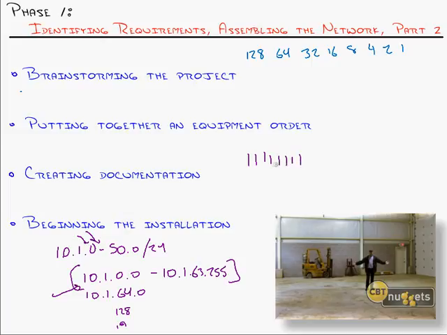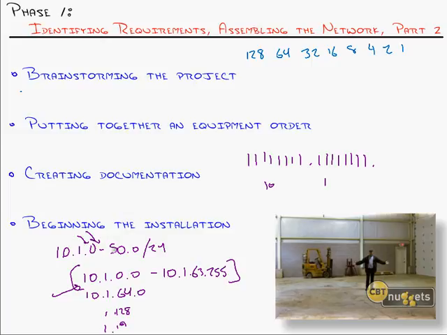There's 8 bits in the first octet. That represents the 10. Second digit is 1, and they all start with 1. You can see 10.1, 10.1, 10.1, 10.1. No matter how far I go down, it's all 10.1. So the second set of 8 bits are all the same. It's right here that the difference really happens. And I say, okay, well, the third octet is where the individual networks are being defined.